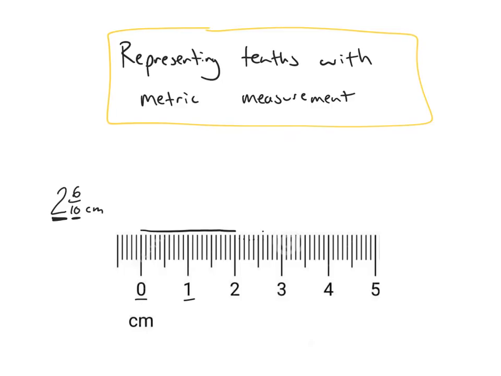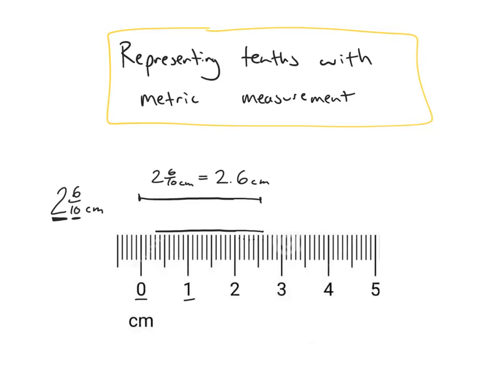That's going to lead me to right here, so I'd continue my line segment until I got to that point. If I isolate my line segment, I've created this line segment right here that from this end to this end equals 2 6/10 centimeters, or 2.6 centimeters if I'm writing it as a decimal.